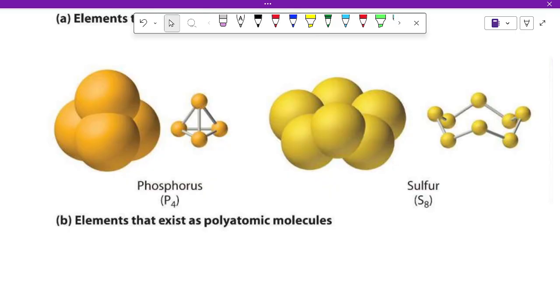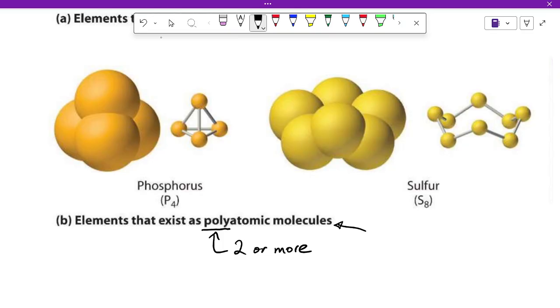Okay. There are elements that exist as polyatomic molecules. You are not responsible for memorizing these. Okay, what does it mean that it's polyatomic? More than 2. Or sorry, 2 or more. So it's basically everything else that's not diatomic. If it's bigger than 2, yeah. You could even put the 2 in the polyatomic category if you wanted to.